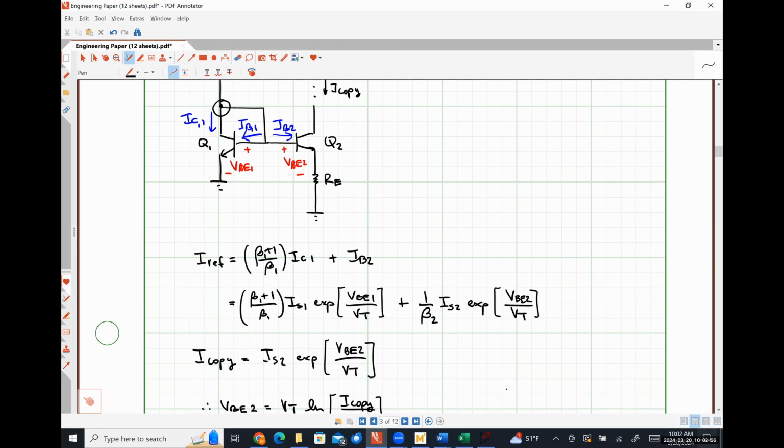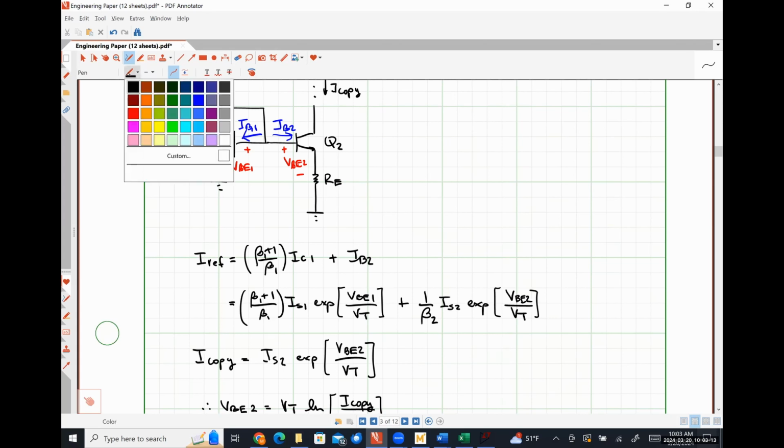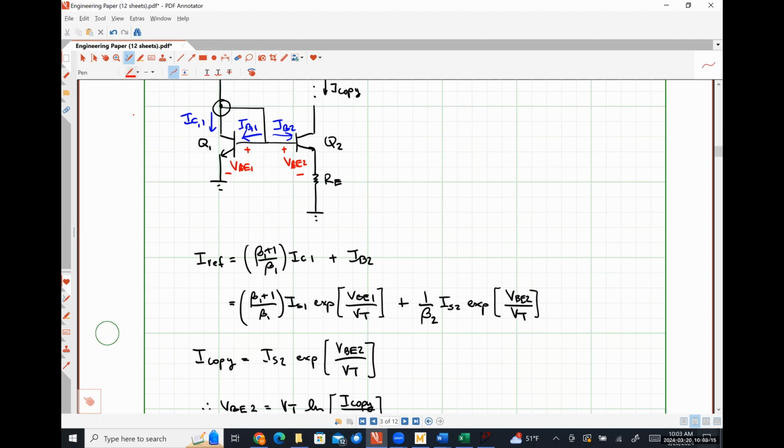So that means the collector current for transistor 1 will be larger than the collector current for transistor 2, which means the base current for transistor 1 will be larger than the base current for transistor 2. So let's say the base current for transistor 2 is small enough that we can neglect this guy right here. And this is going to make the math less gross. So yay for logic.